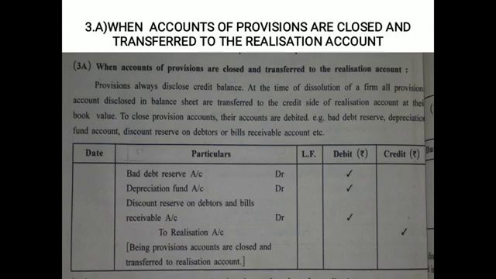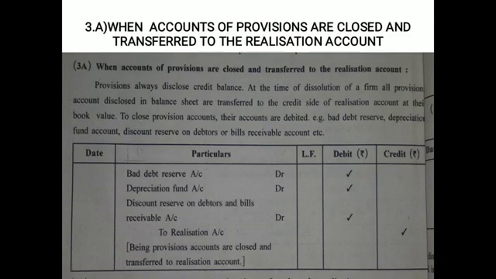So bad debt reserve account debit, depreciation fund account debit, discount reserve on debtors and bills receivable account debit to realization account. These are the provisions. They have been debited because their accounts are to be closed and transferred to realization account.